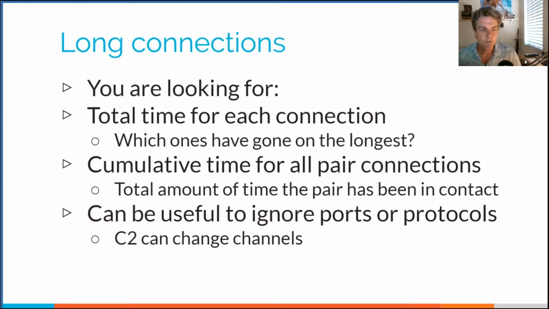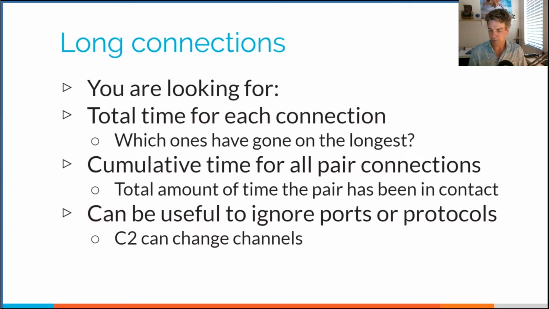It can be useful to not worry about the ports that are involved. In other words, we've seen C2 that'll actually go to different ports. One second it might look like it's talking to SSH, the next second it looks like it's talking to TCP/80. There's an application listener grabbing everything coming off of TCP on the remote end, so it doesn't matter what ports they go to, they can jump around randomly and that's okay.